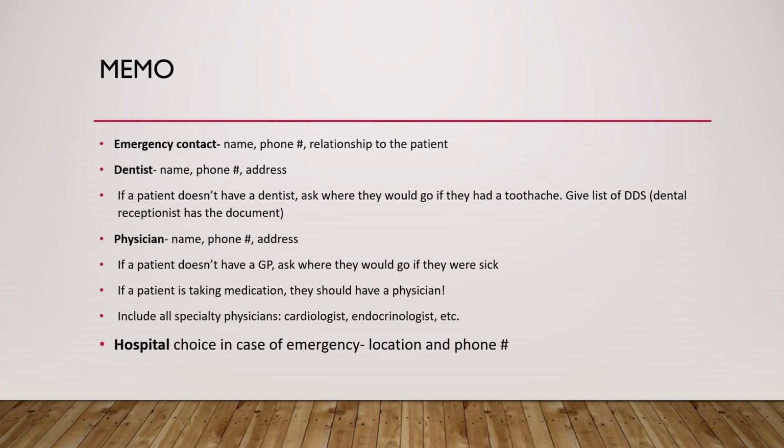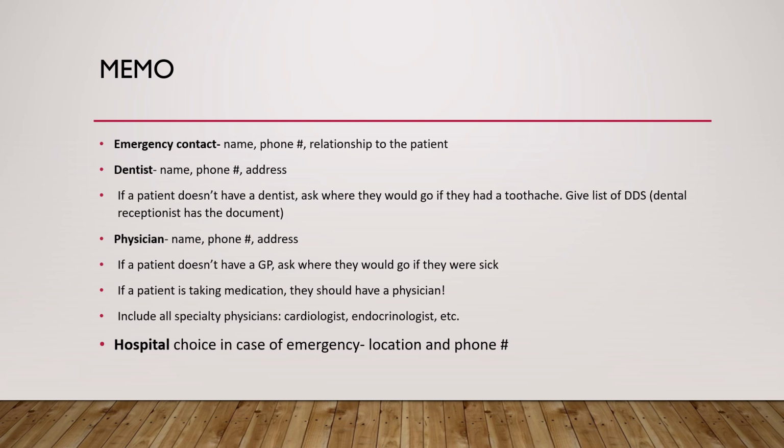So if we see a patient that hasn't seen a dentist, we will continue treatment, but then once the treatment is completed, we would refer the patient to a dentist to have that comprehensive exam completed. At that point, when the patient does return back to our clinic, we'll be able to fill in who the dentist is. For the dentist, if they have one, we want the name, the phone number, and address.